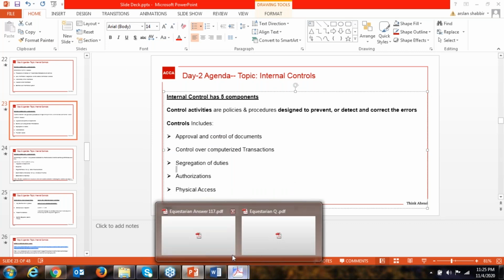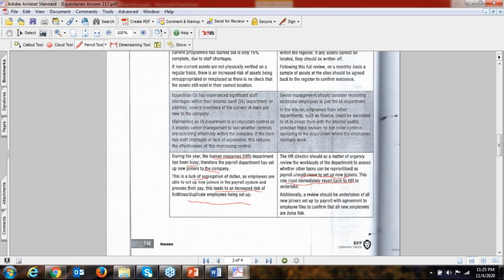Anybody tell me why it is a deficiency? This is the last time I am asking from you. So what should be the deficiency?